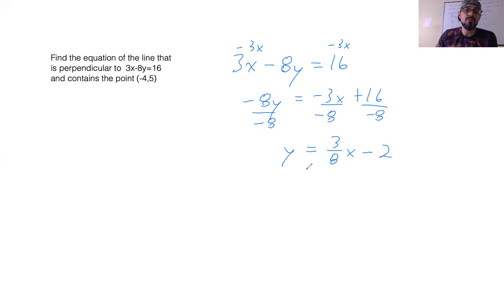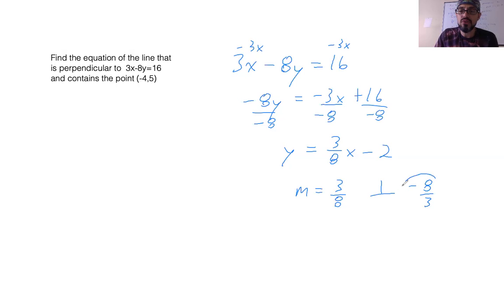At this point, you should recognize the slope of the line is 3 over 8. However, we want the perpendicular slope to this line. So the perpendicular slope is -8 over 3. If you're not sure how I got that, check out my video on parallel and perpendicular lines. It's the negative reciprocal. You've got to flip it and change the sign, okay?